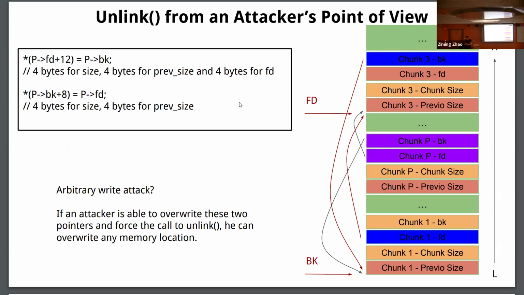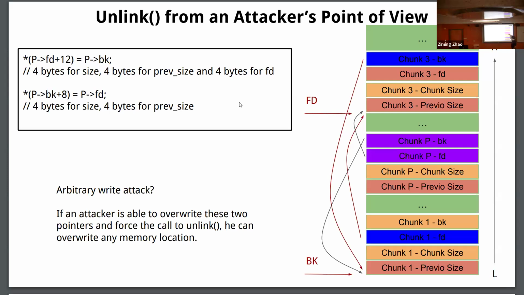The problem is this can be used for an arbitrary memory write. As an attacker, let's say we are controlling chunk P. Because we control chunk P, we can control everything here. We can control the backward and we can control the forward. If we control that, then we trigger an unlink.